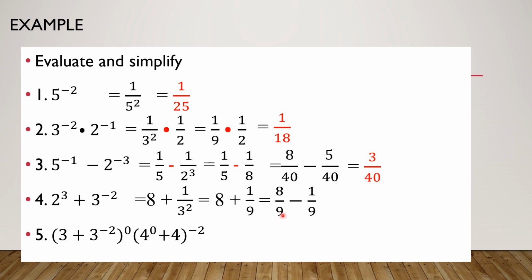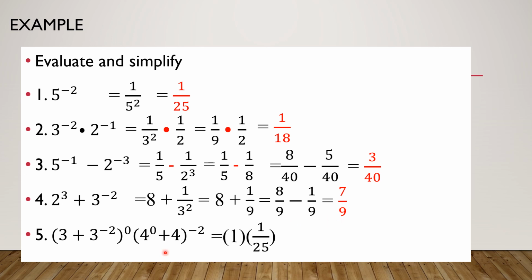Then, 9 times 8 equals 72. Then, 9 divided by 9 is 1. Times 1 equals 1. Then, subtract 72 minus 1 equals 71 over, copy the denominator, 9.